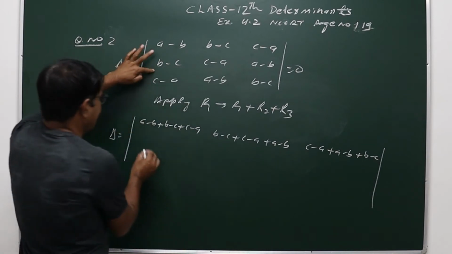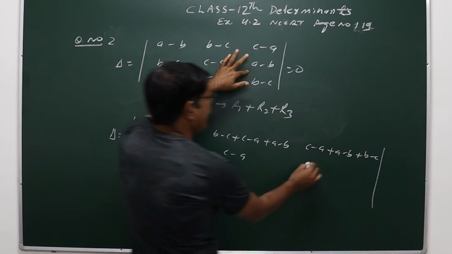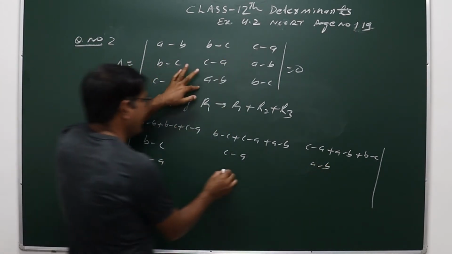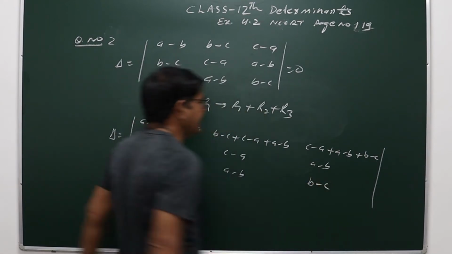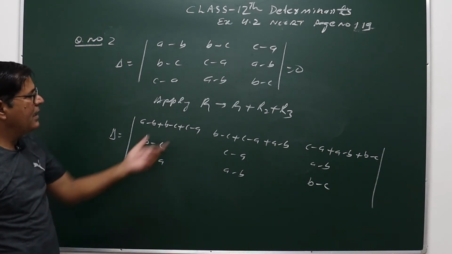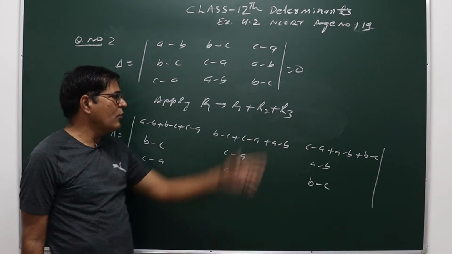The second row is as it is: b minus c, c minus a, a minus b. Then the third row: c minus a, a minus b, and b minus c. So this is the determinant after applying R1 tends to R1 plus R2 plus R3.